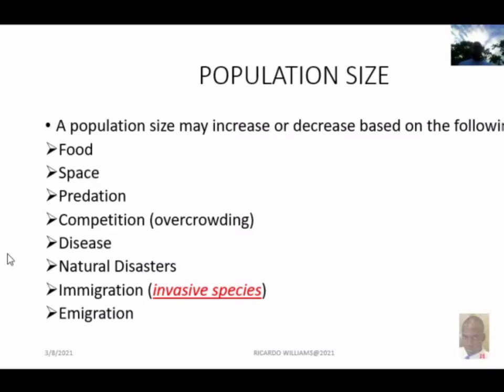Usually the space is fixed, so once the numbers continue to increase, that space can become a limiting factor on the rate at which the number is increasing, because once you go beyond a certain number, the space becomes limited. So we say that space can become limiting to the population size because it is fixed.